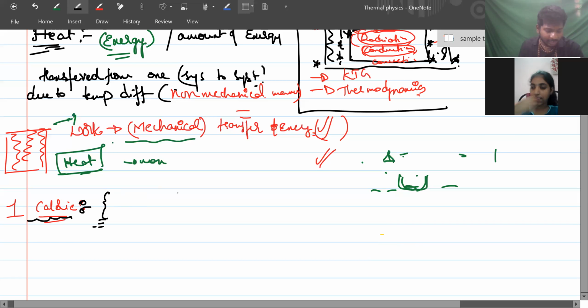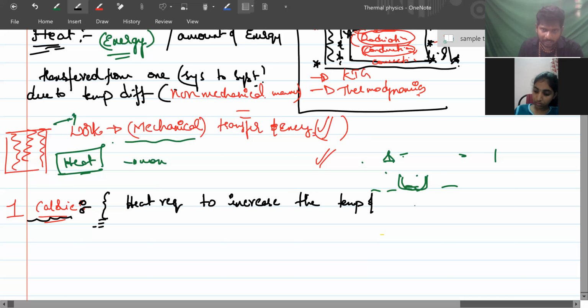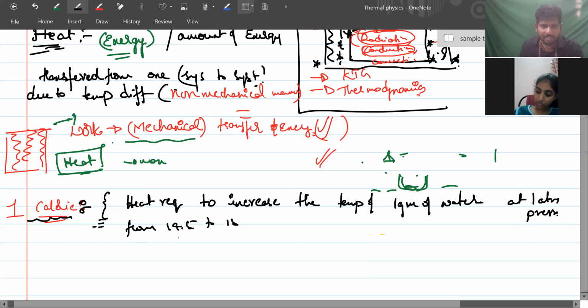Calorie is the amount of heat required to increase the temperature of 1 gram of water at 1 atmospheric pressure from 14.5 to 15.5 degrees. These things you need to remember.